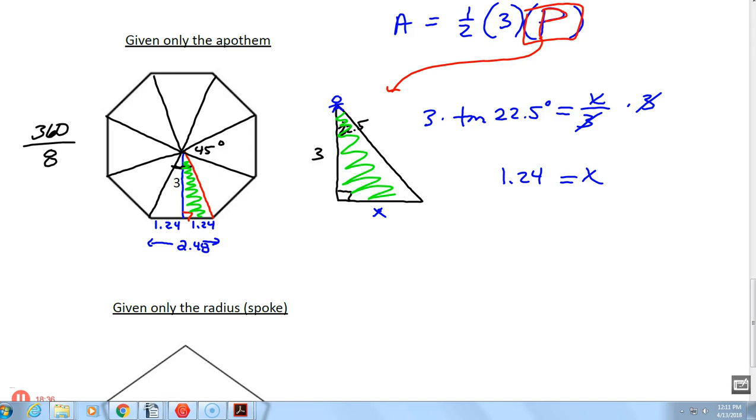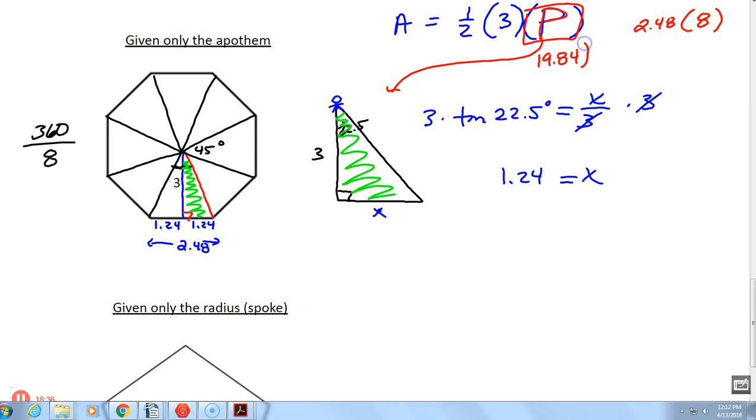And now we can finally get the perimeter. The perimeter is 2.48 multiplied by 8 sides, 19.84.